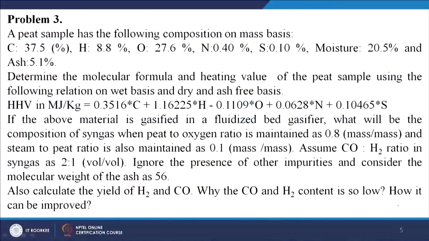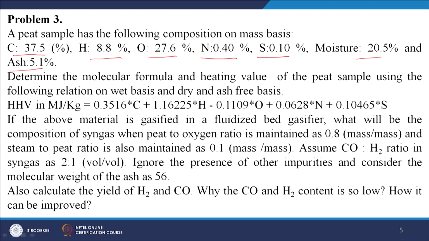The next statement says a peat sample has the following composition on mass basis. So, carbon 37.5%, hydrogen 8.8%, oxygen 27.6%, N 0.40%, sulfur 0.10%, moisture 20.5% and ash 5.1%.